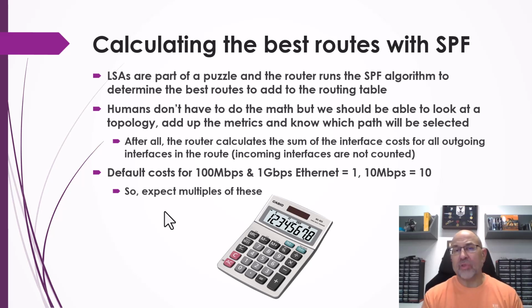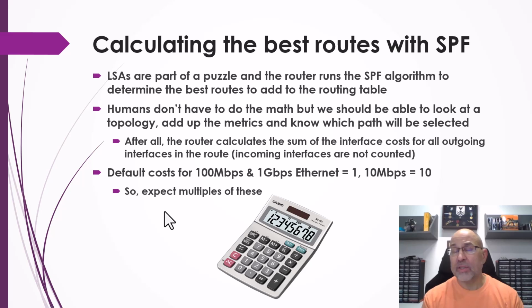Even though you don't have to do the math for it, you should be able to look at a topology and, given the link speeds, the capacity of each link, go, oh, what's the cost to each destination from a particular router or from a particular perspective? That's what the router is going to do.